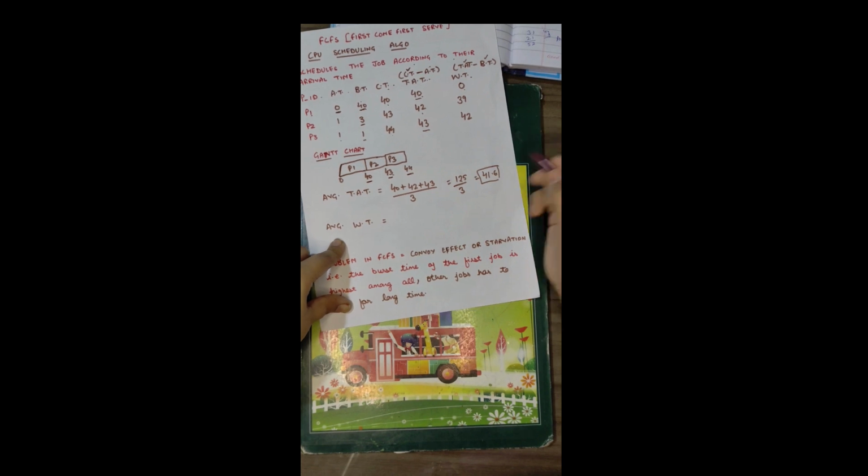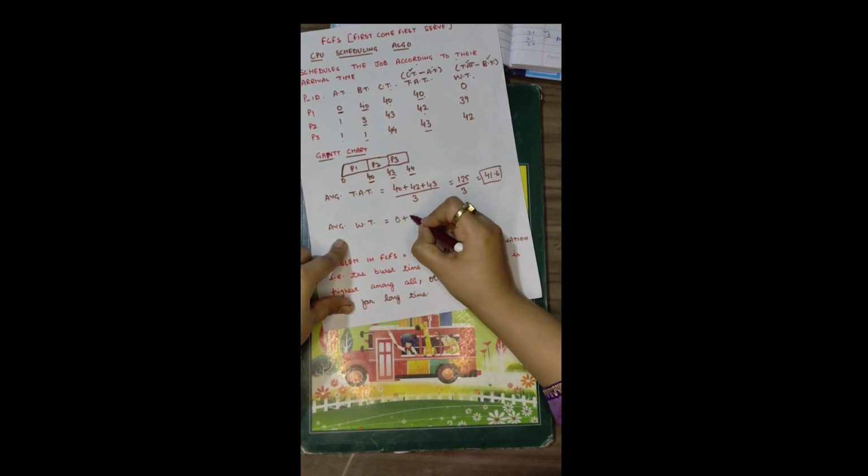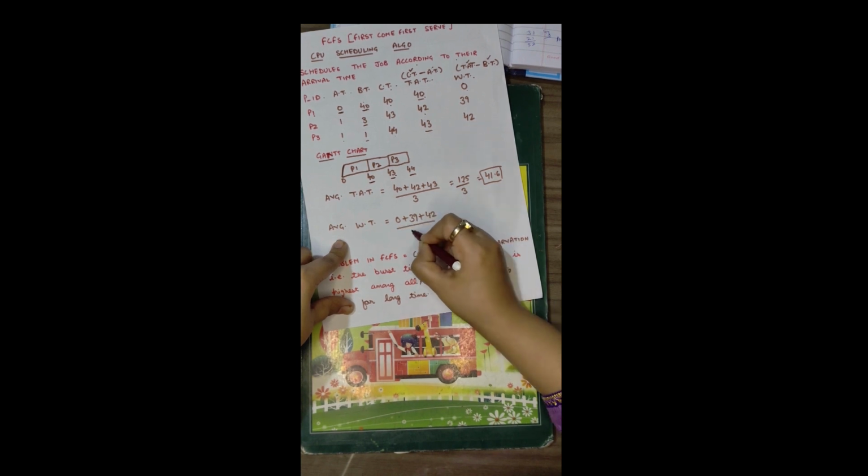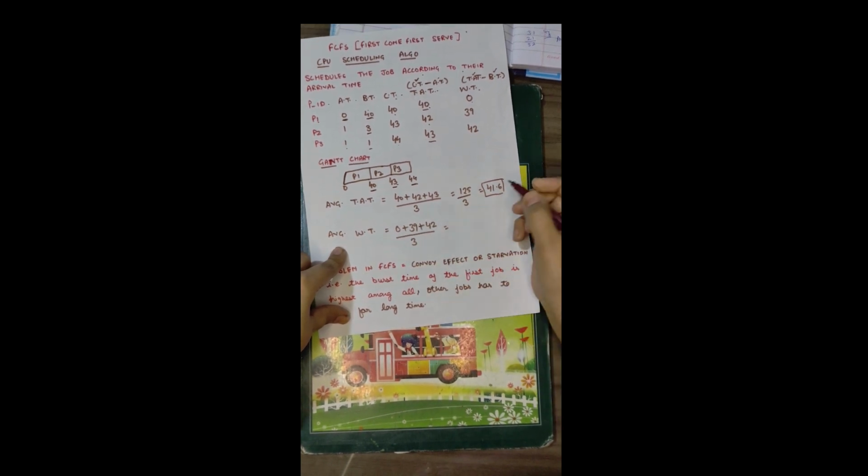And the average waiting time is 0 plus 39 plus 42 divided by 3, which will come out to be 81 divided by 3, which is 27.